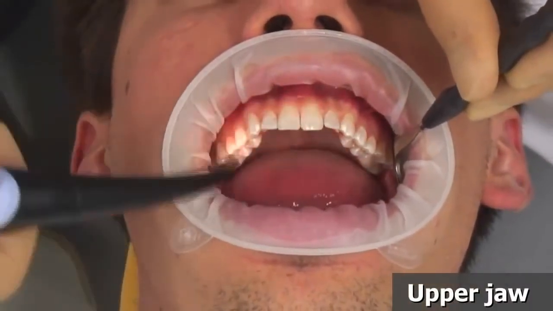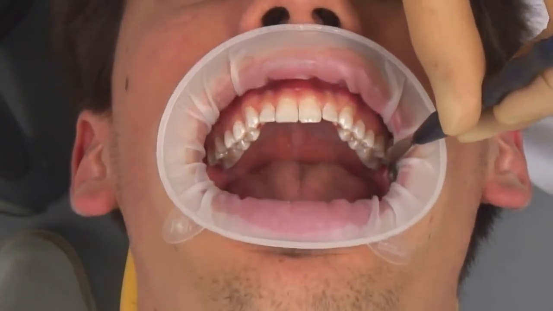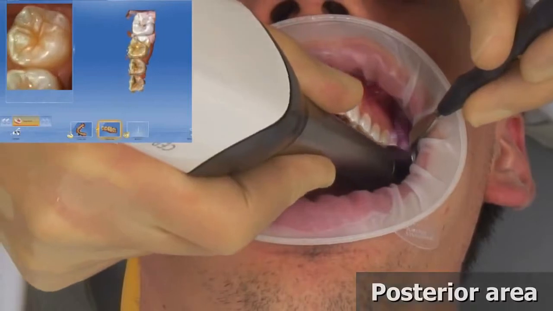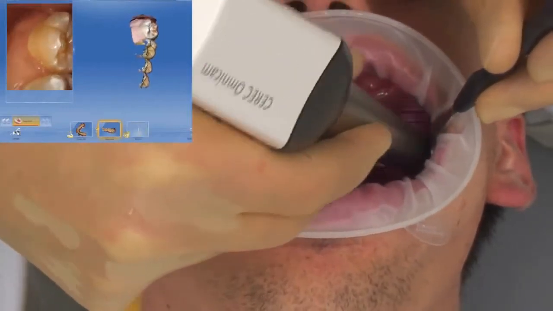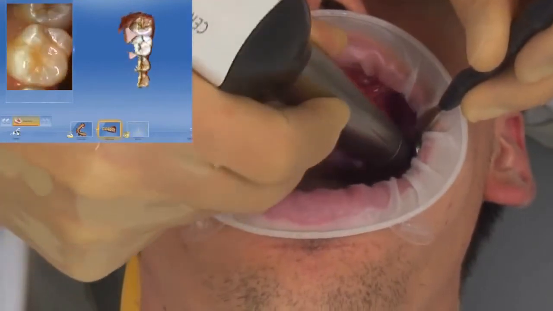Just as described for the lower jaw on the model, please now carry out the scanning for the upper jaw. Use the demonstration of the intraoral scanning of the upper jaw to expand your knowledge about the scanning technique.